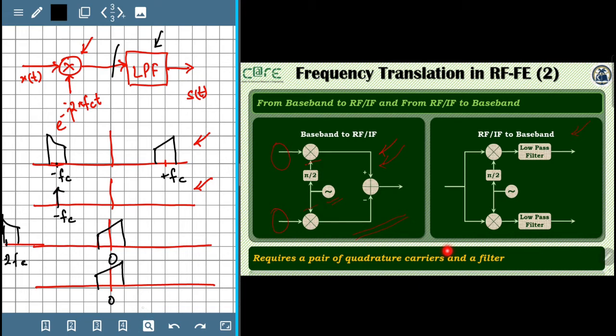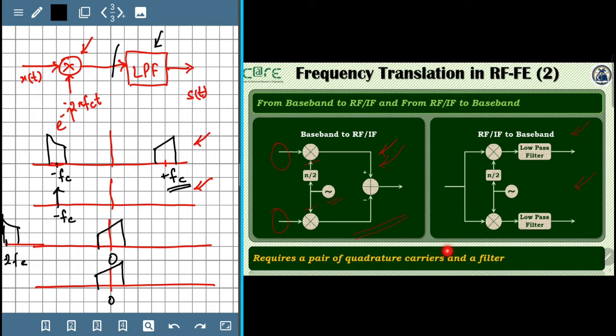So we are able to down convert the signal that was located at the carrier frequency fc down to the baseband. And the same operation that you see here in the complex notation is reflected on the right side of the slide in an expanded form.